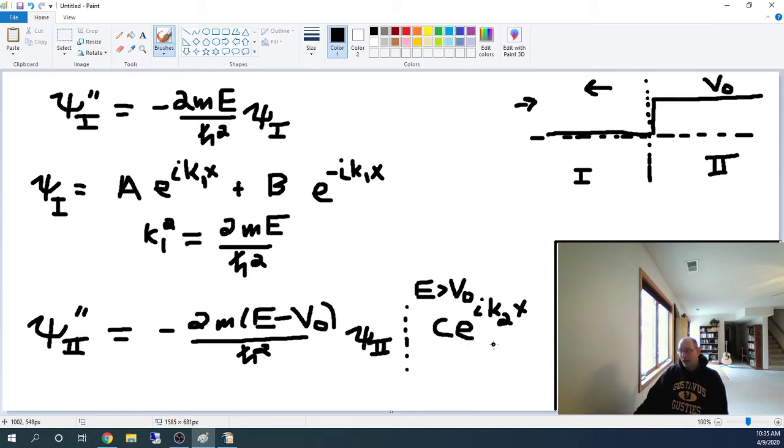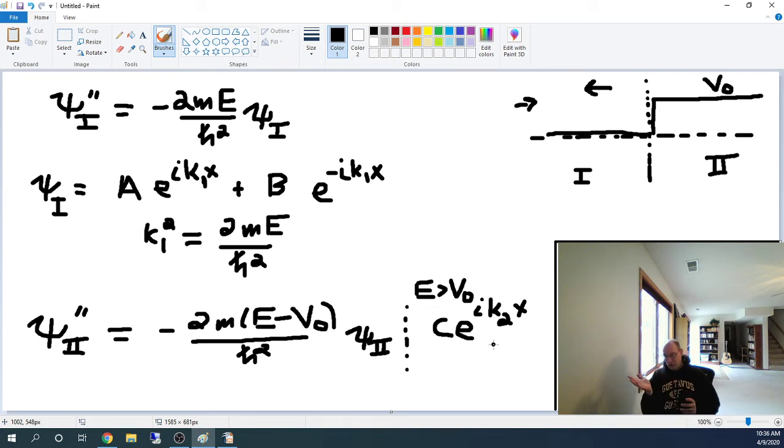That exponential, and I talk about this a little bit in the lecture notes, is because if you take the derivative of a regular exponential, e to the alpha x, as I called it in the lecture notes, you take the first derivative and you get alpha times e to the alpha x. You take the second derivative, you get alpha squared times e to the alpha x. You get the original function back, but with two factors of alpha, whatever the coefficient was in front of x in the exponential.